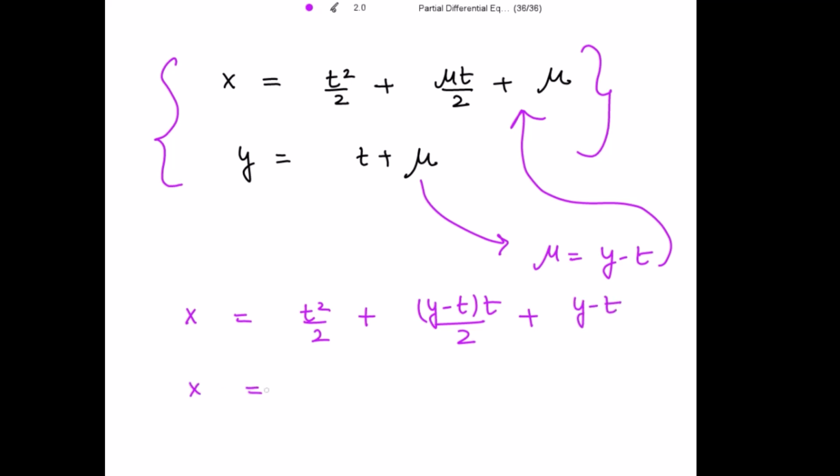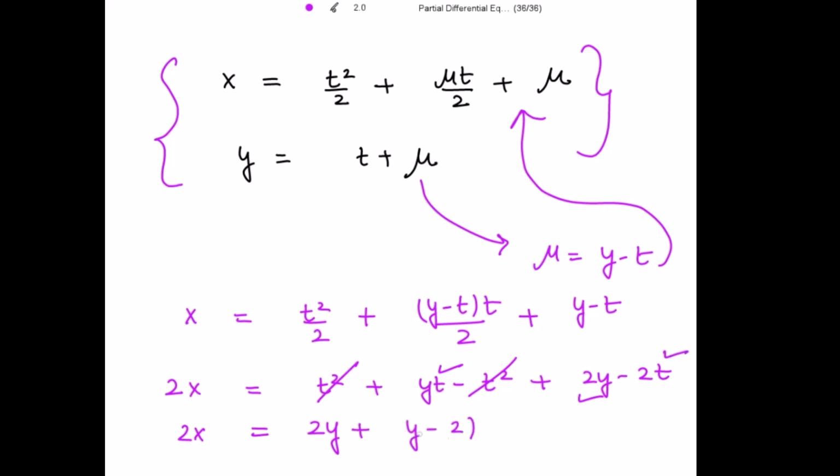So this is x equal to t square plus yt minus t square plus 2y minus 2t, and here I am multiplying x with 2. So these two cancelled out and we get 2x to be equal to, I am writing this first, 2y and taking t common from these two, plus (y minus 2) into t. And now taking 2y to the other side and y minus 2 in the denominator. So this is (2x minus 2y) divided by (y minus 2) to be equal to t.